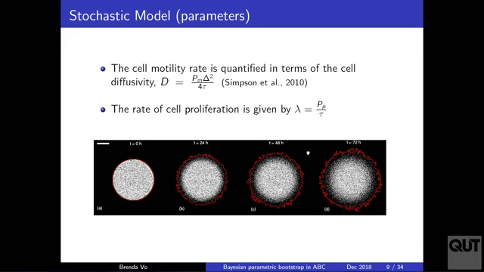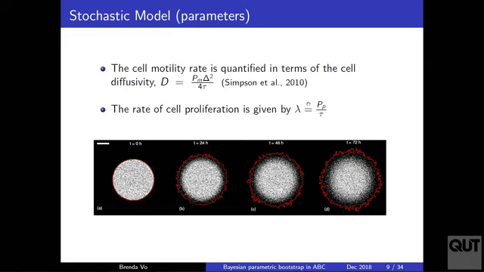The parameters we use for the simulation, or for stochastic models, are PM, PP and Q, but for mathematical biology, it makes more sense to convert them to the cell motility rate, which is D, or cell diffusivity coefficient, D, and the cell proliferation rate, lambda.